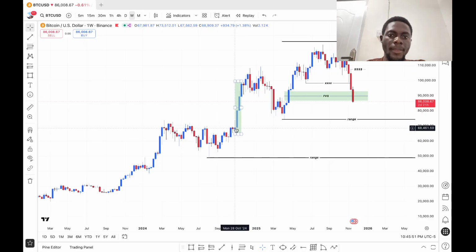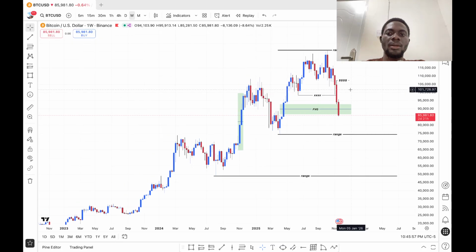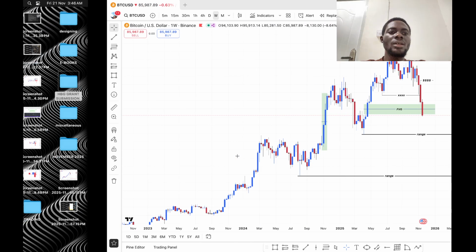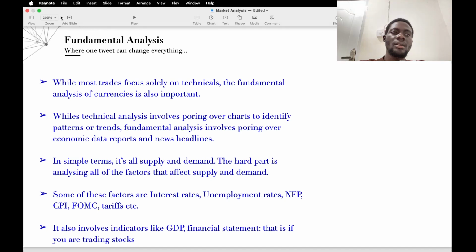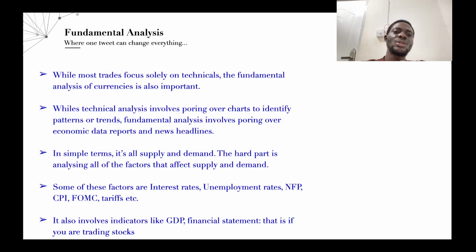This is November, and I believed BTC was going to continue going down, but this is not our focus now. When Trump was announced president, you can see Bitcoin price rallying. It was rallying upwards with force. You understand? So that is a fundamental analysis where some occurrence can disrupt the market, or a tweet can disrupt the market. You get what I'm saying?